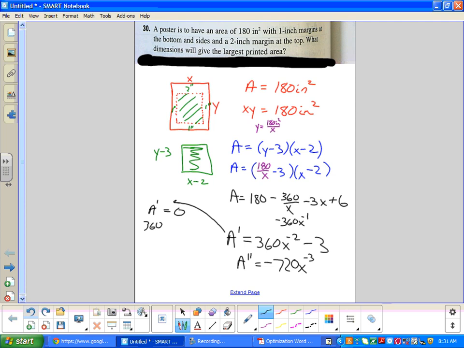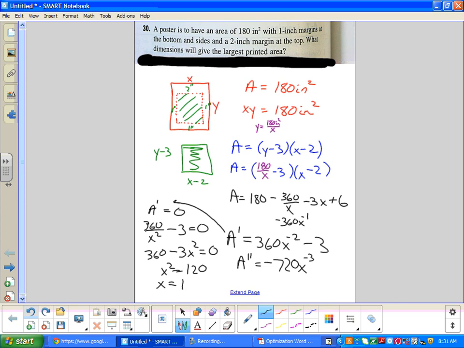So 360 over x squared minus 3 equals 0. I'll multiply everything by x squared since it's not 0. If I solve that by getting 3x squared, you get x squared equals 120, and x equals 2 times the square root of 30 for all you purists, right?